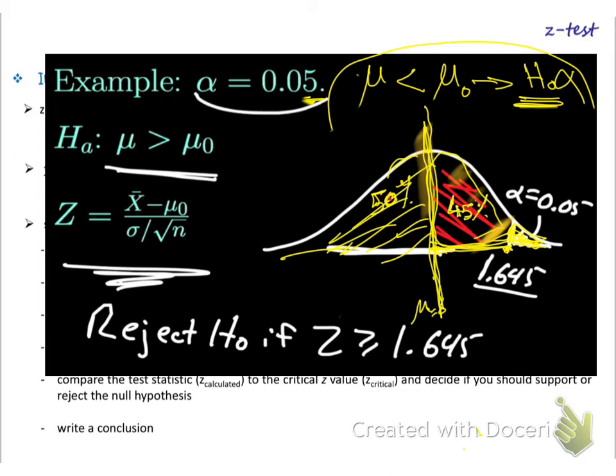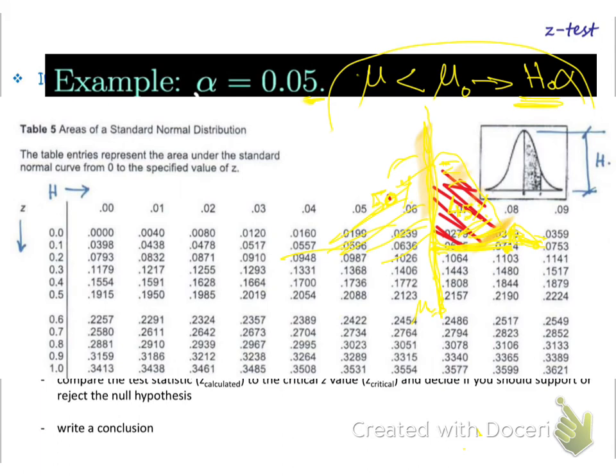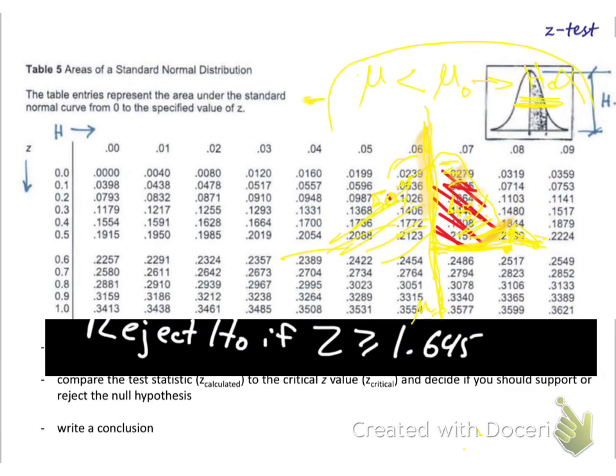From 0 up to this point, it is 45%. So I have to be careful. I'll show you now how it looks in this standard normal distribution table. See? In this table, it clearly says normal curve from 0 to specified Z value. So it starts from 0.